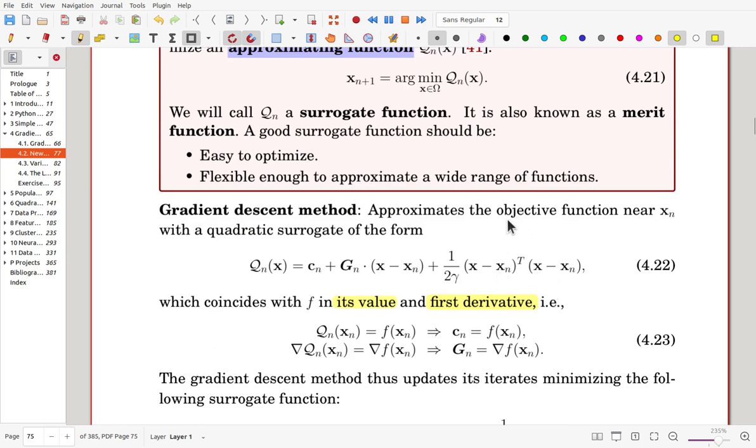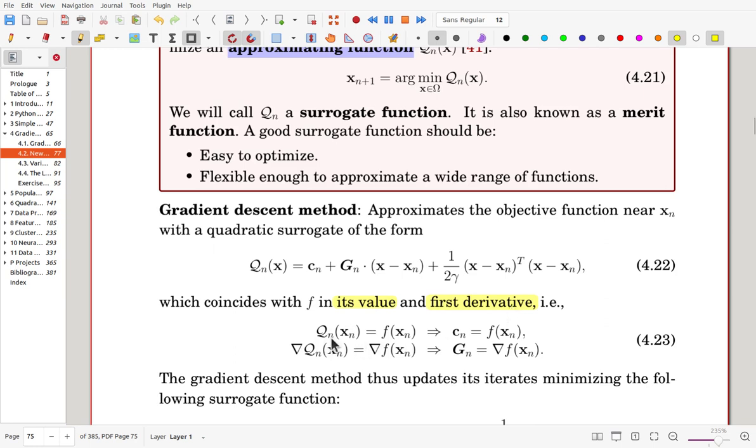Then we consider the quadratic surrogate function in this form. cn is a constant, gn is a vector, and that is the quadratic term, with the scaling. Now, for this surrogate function, the requirement is that it should coincide with the original function in its value and first derivative, which means gradient.